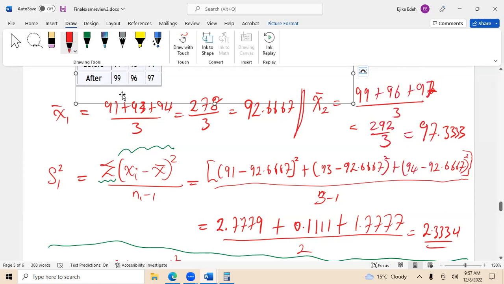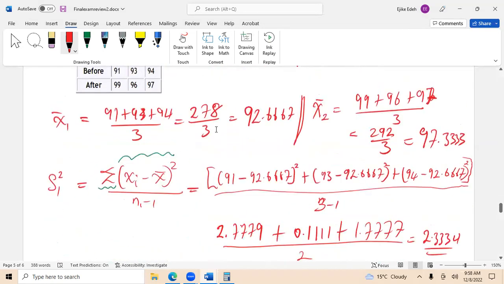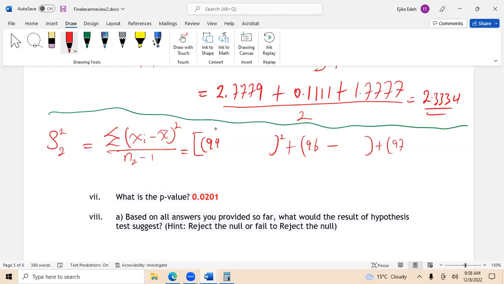Okay, so we just have 99, 96, and 97, right? I think we can remember that. So let me create 3 parentheses. We have 99 plus 96 plus 97. Is that correct? Yeah. Okay, so we just have all that.